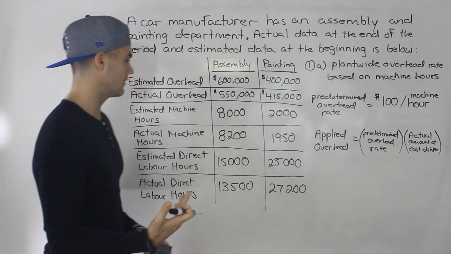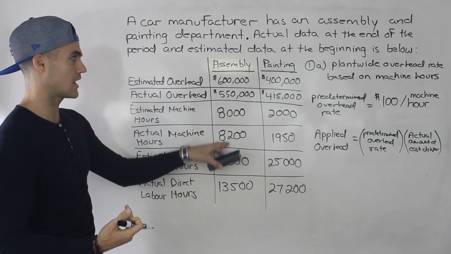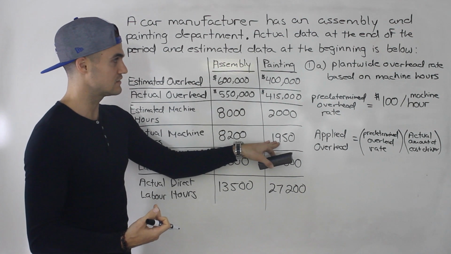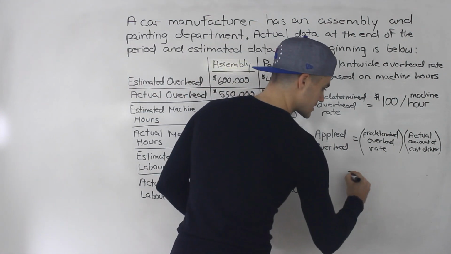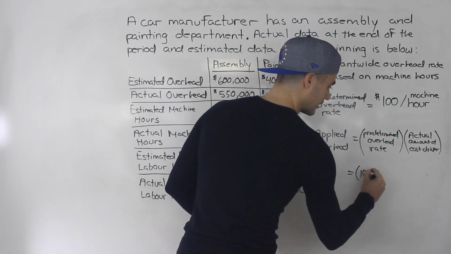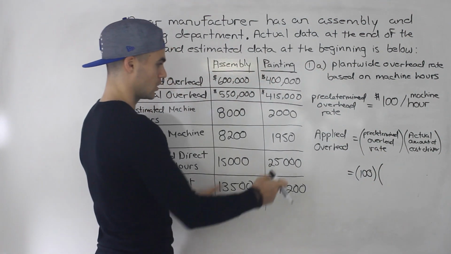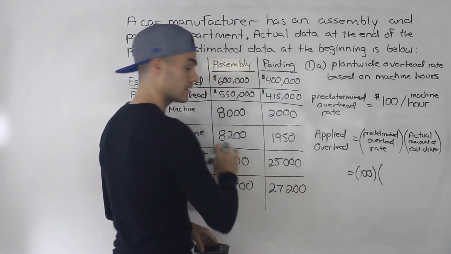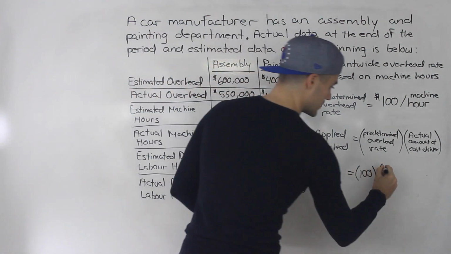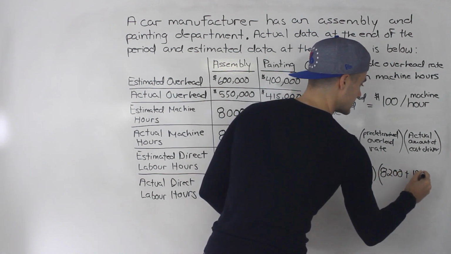And by the end of the period, we've used 8,200 machine hours in the assembly department, 1,950 in the painting department. However, since, again, we're looking at this on a plant-wide basis, so the predetermined overhead rate is 100, we got to total these up over here, in this bracket, for the entire factory. So it would be 8,200 plus 1,950.